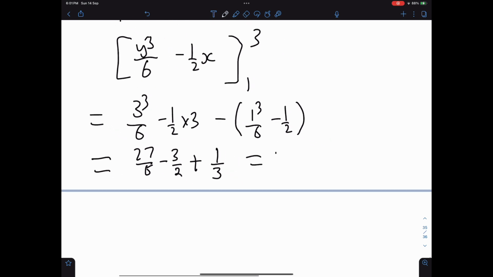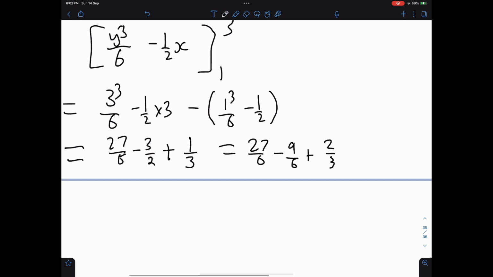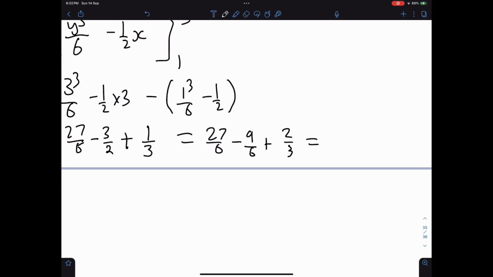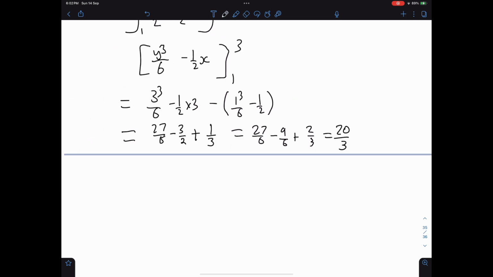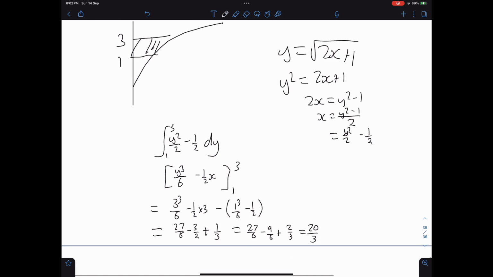So then that's equal to 27 over 6 minus 9 over 6 plus 2/3. 18 over 6 plus 2/3, that's 20 thirds. And that would be units squared.